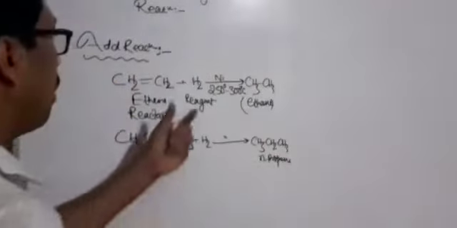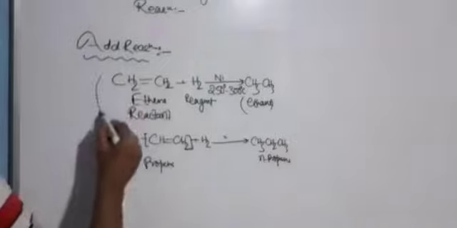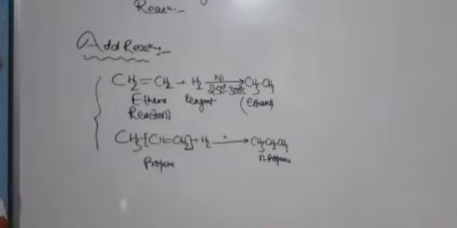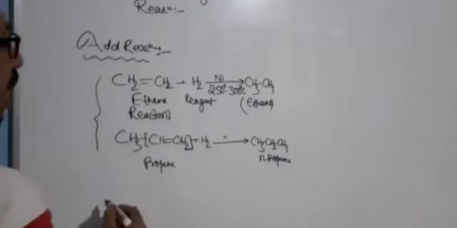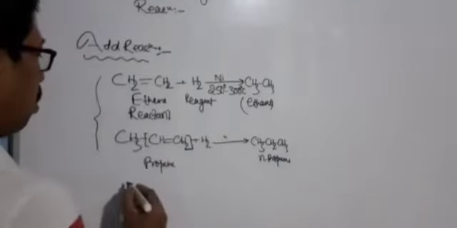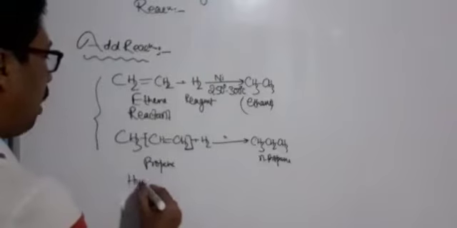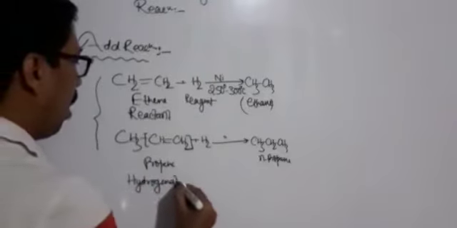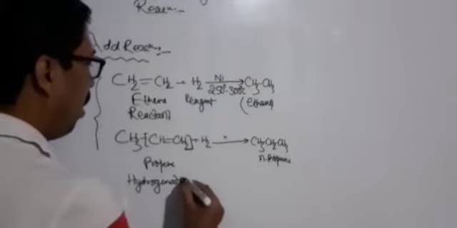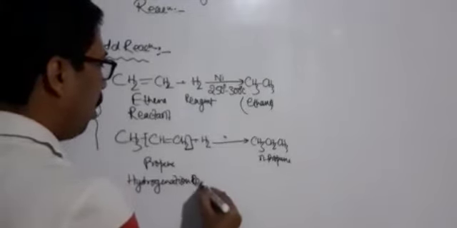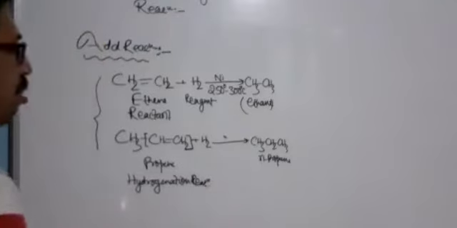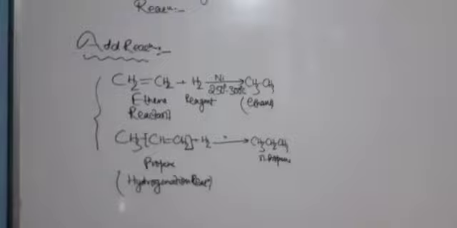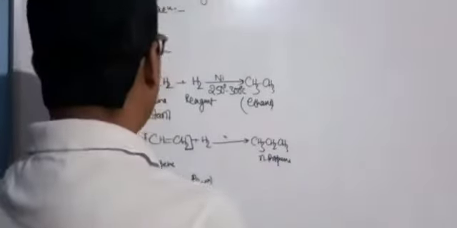We can also classify this reaction in this way: we are adding hydrogen as a reagent to an alkene molecule. This addition of hydrogen is also known as hydrogenation reaction. So hydrogenation reaction is also an example of addition reaction.